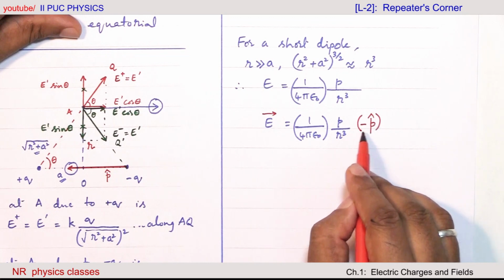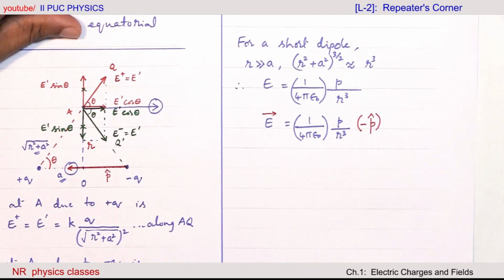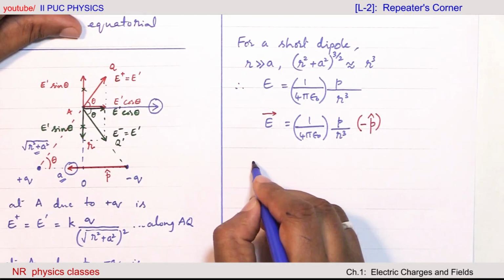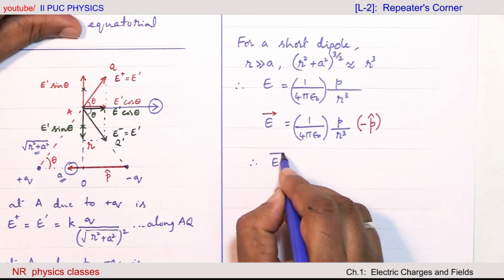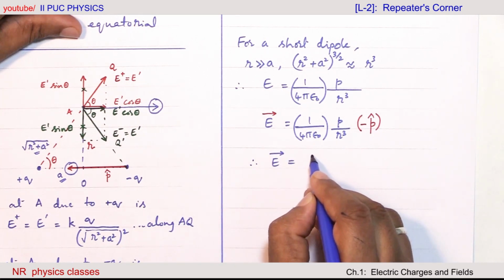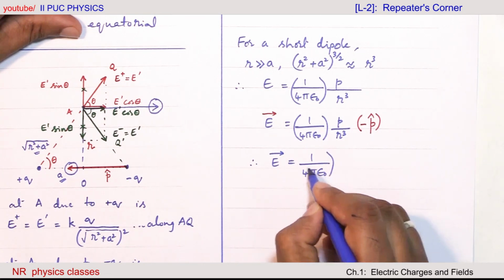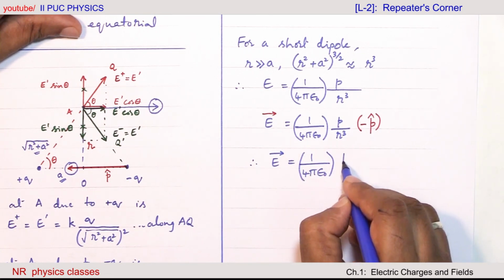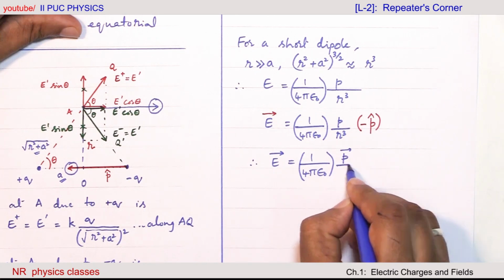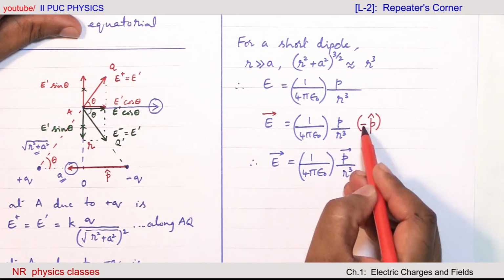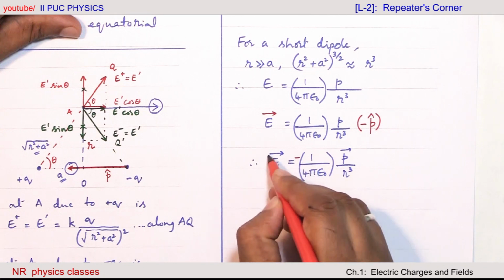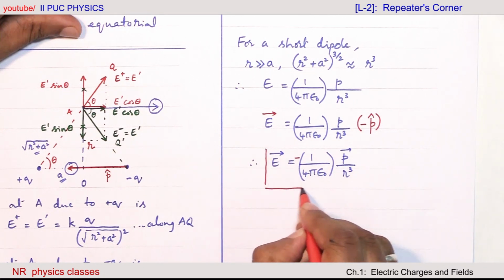Magnitude into P cap is vector P. Therefore, electric field equal to constant vector P by r cube with negative sign. This is the final expression.